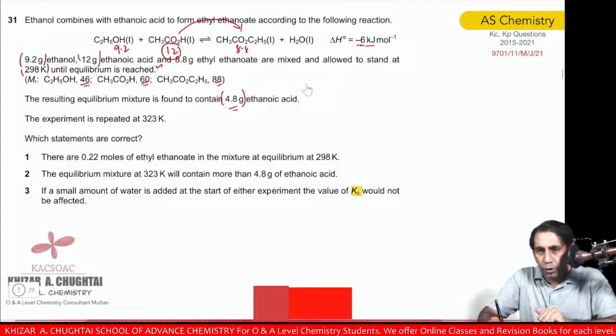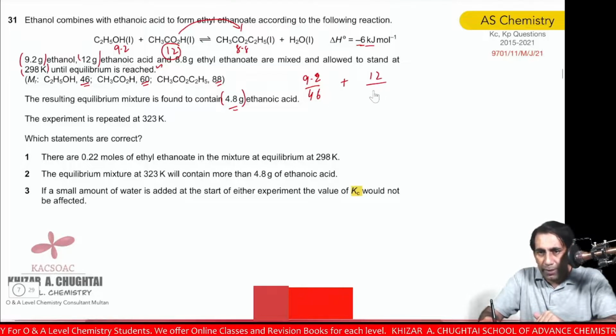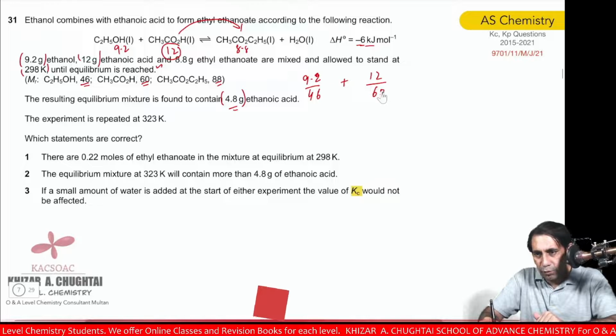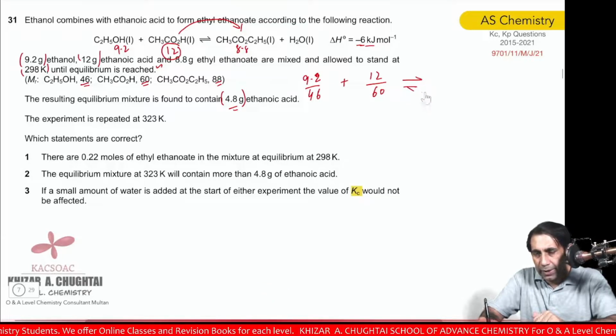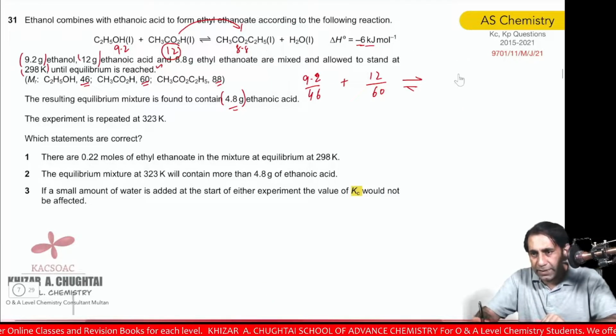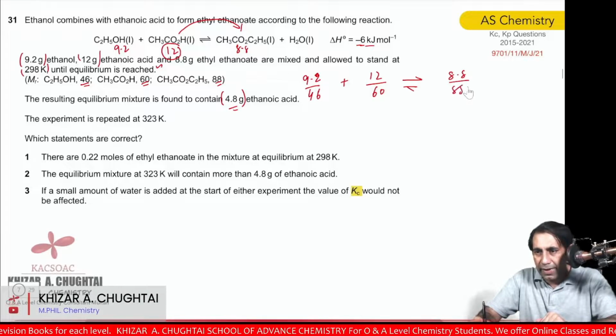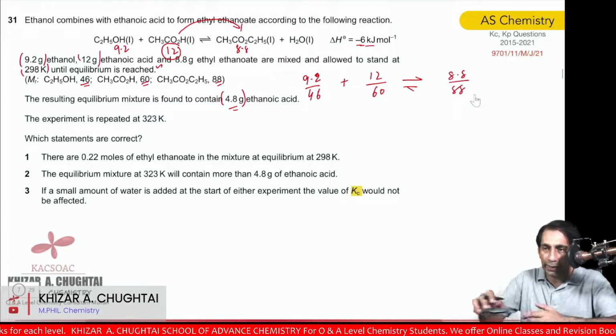Now I'm going to find the moles. 9.2 divided by 46, it's ethanol, plus 12 divided by 60 mole of carboxylic acid, and the rest as ester, that is 8.8 gram, and its MR is 88.